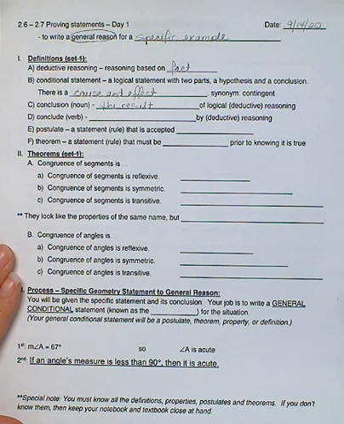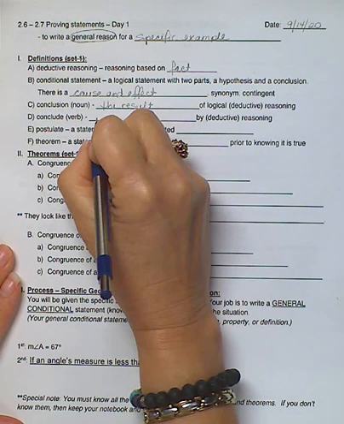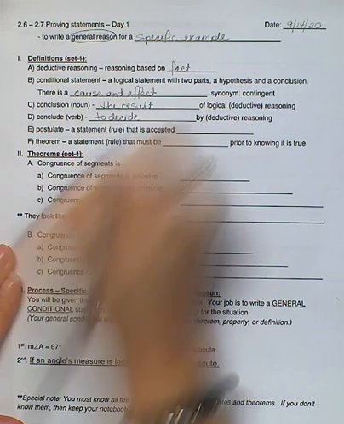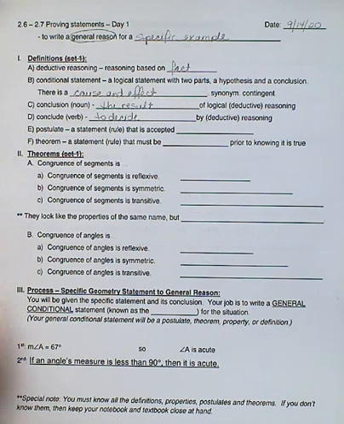It's the result. And if I ask you to conclude, that's a verb. That's for you to decide by deductive reasoning. So if I say, give me a conclusion, then that's a noun because you have done an action, you've concluded.